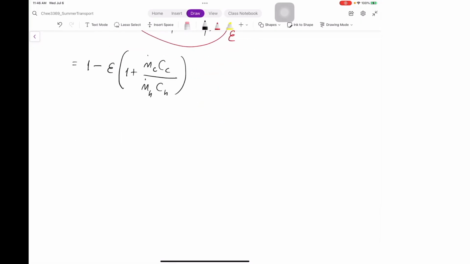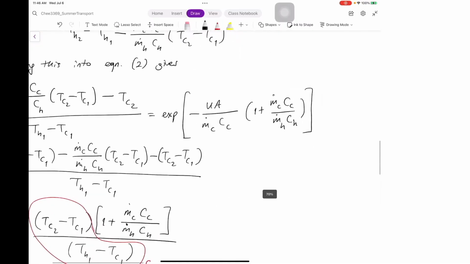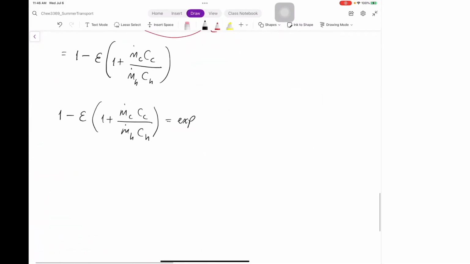Okay, so the left-hand side is equal to the right-hand side, so you can write it as 1 minus epsilon (1 plus m_c·C_c divided by m_hot·C_hot) is equal to exponential negative UA over m_c·C_c (1 plus m_c·C_c divided by m_hot·C_hot). I'm just rewriting this equation.